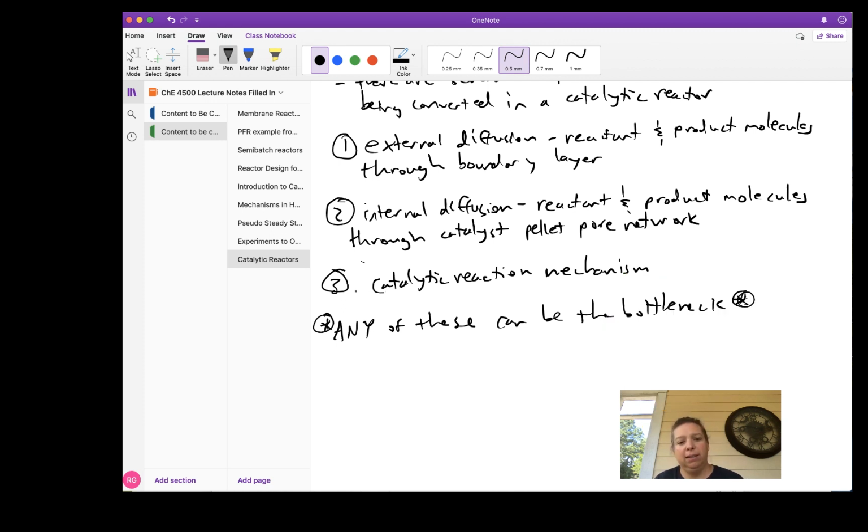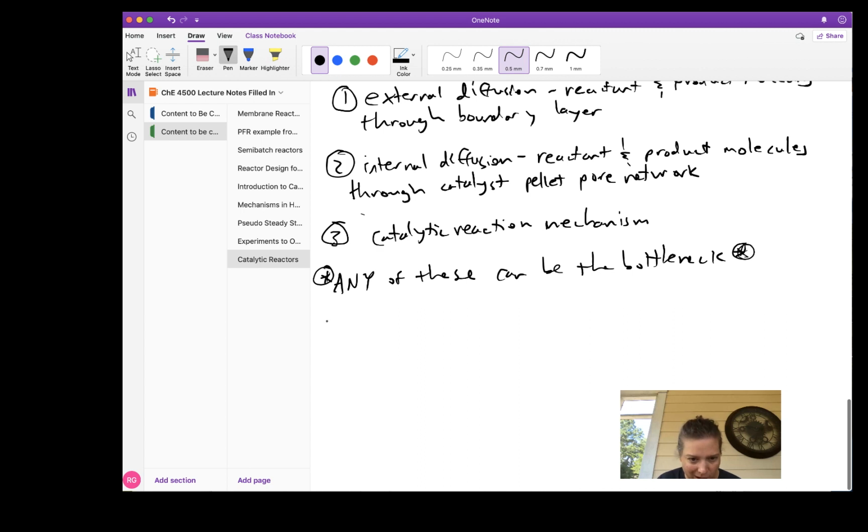When a reaction is diffusion limited, that means that the observed rate is basically the rate of diffusion of the molecules. That's what this means.